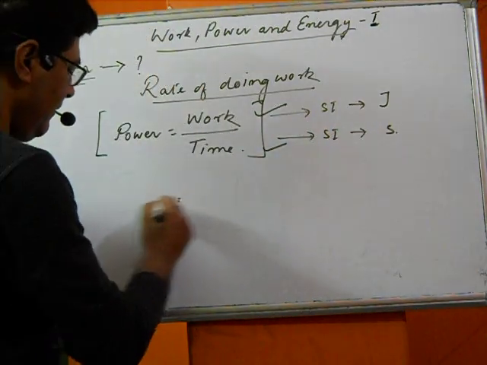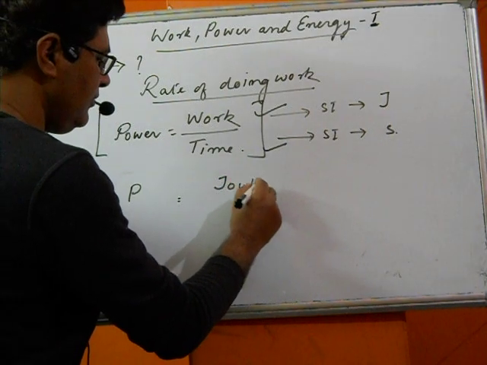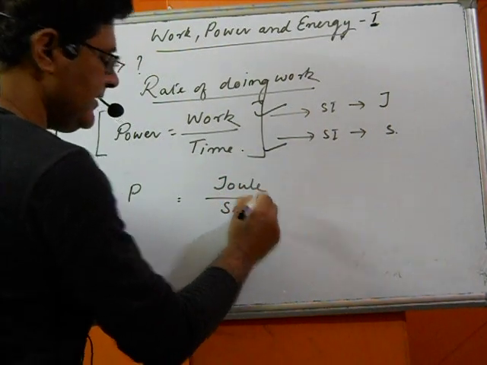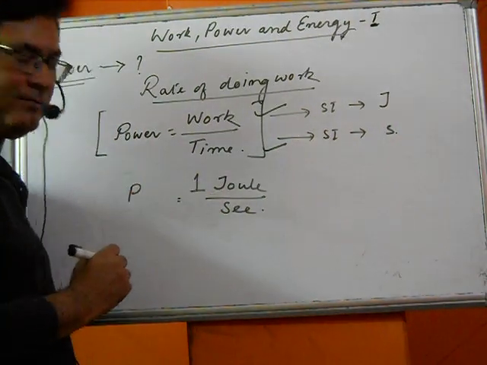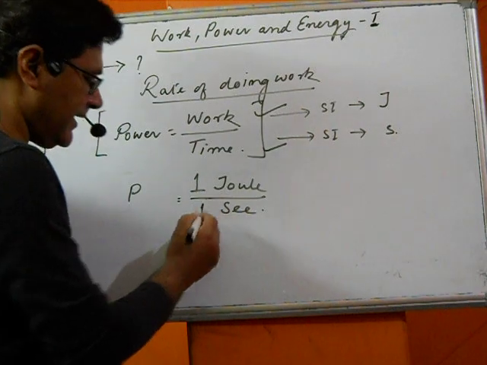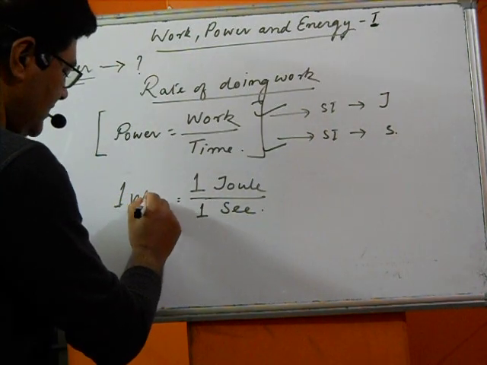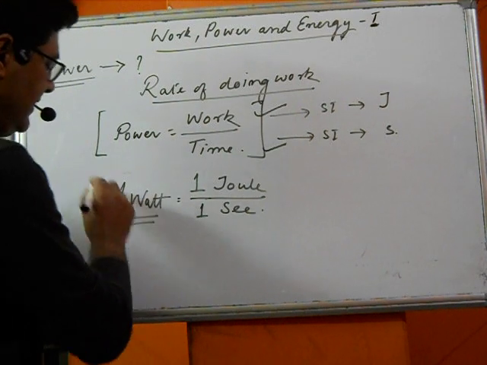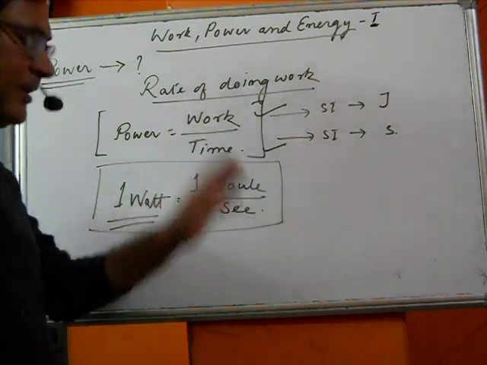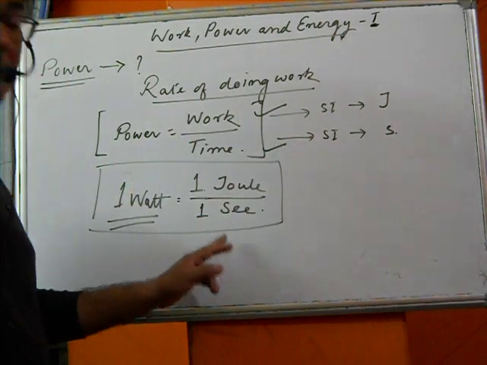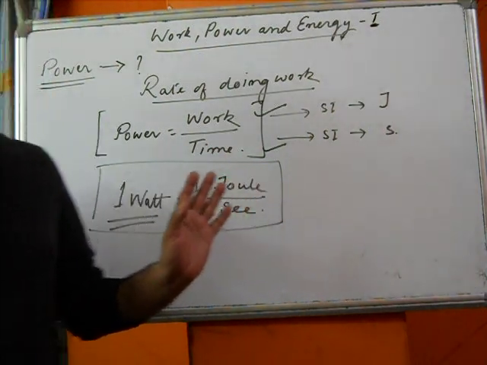So power is joule by second. When 1 joule of work is done in a time of 1 second, the power consumed is said to be 1 watt. Suppose a person or a machine or anything does 1 joule of work in 1 second, the power consumed is said to be 1 watt. This is the SI unit of power.